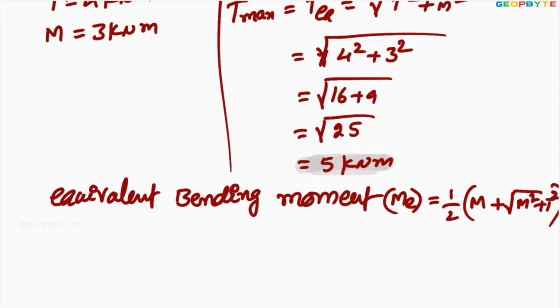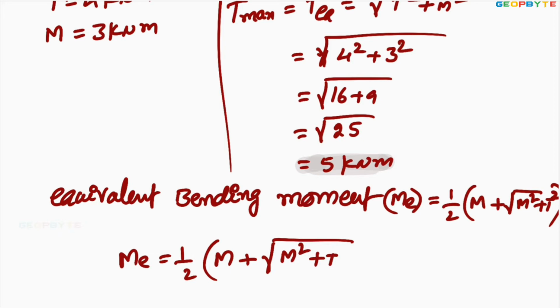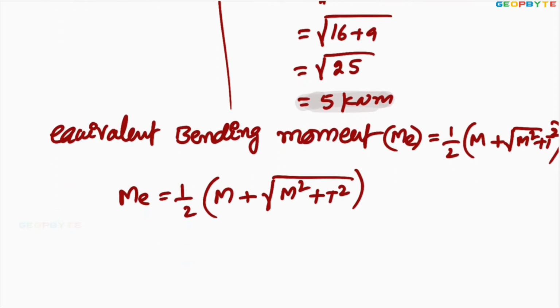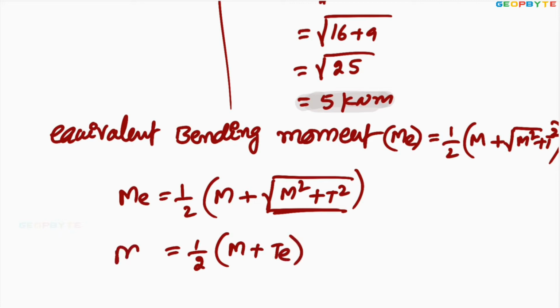Root over M square plus T square can also be written as equivalent torque, so ME equals half into M plus equivalent torque. This is the formula for deciding the maximum bending moment, also called equivalent bending moment, when the shaft is subjected to both torque and bending moment. I hope you clearly understood.